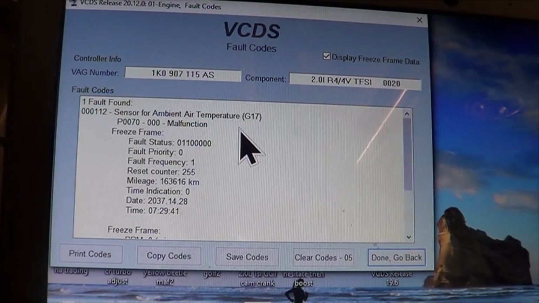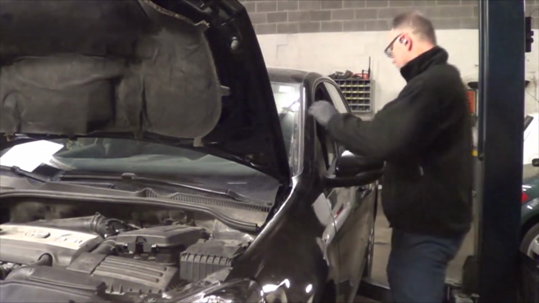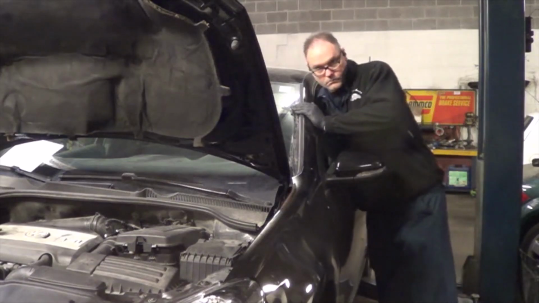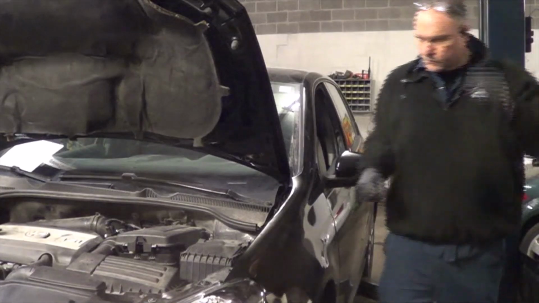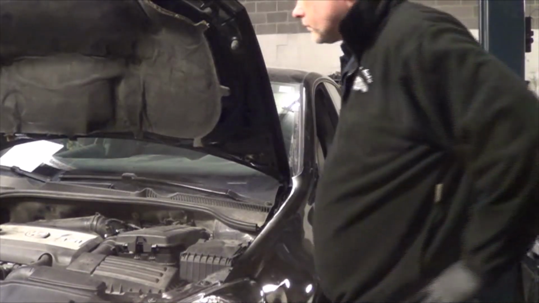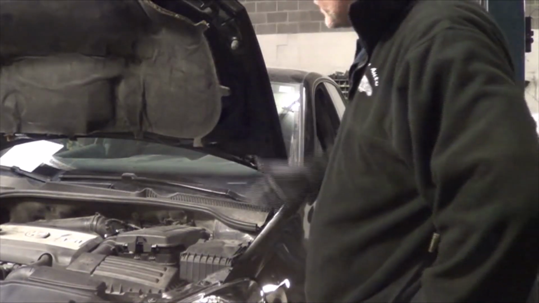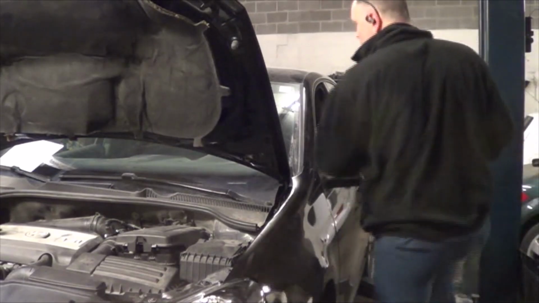Oh, I guess while I have the mass airflow sensor plugged in, I'll show you what the car is doing wrong. The idle surges and then it dies. Let's try that again.